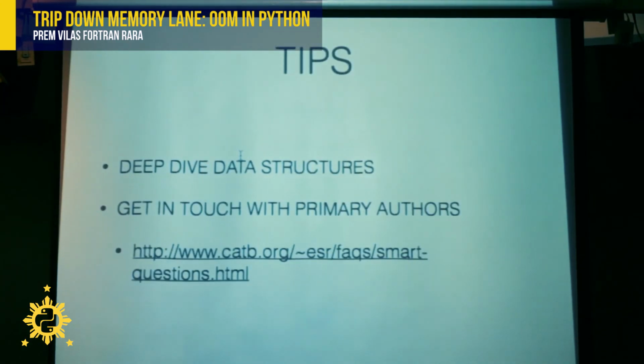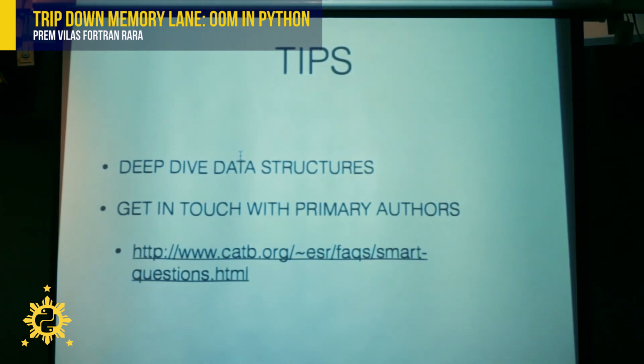So my tips would be, if you are on a large project and you are not the owner of the framework or the project where your thing is based, you need to really deep dive on your data structures before you scale out. The tools that I gave to you will give you very good hints on what your memory footprint would be.